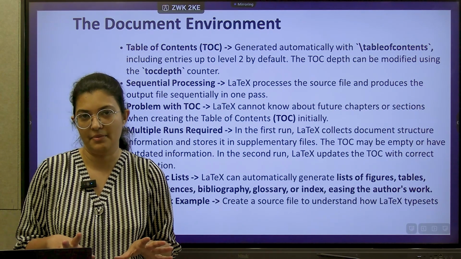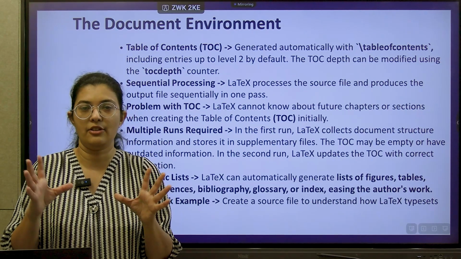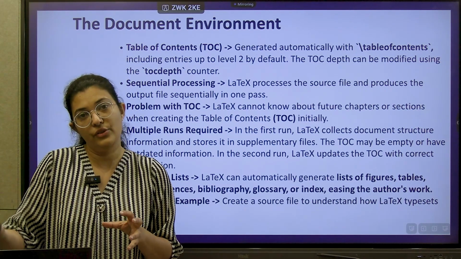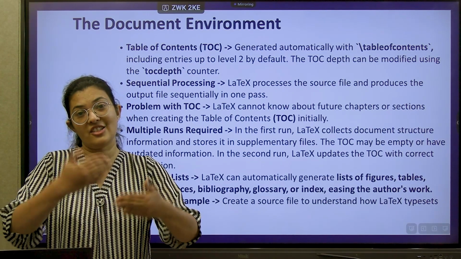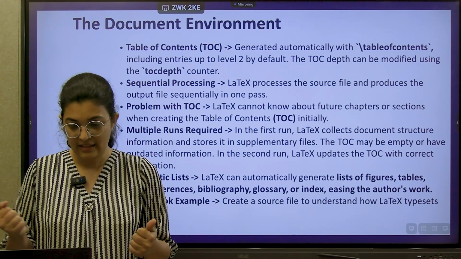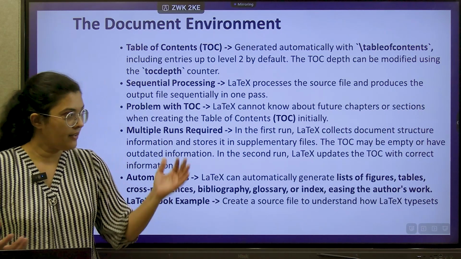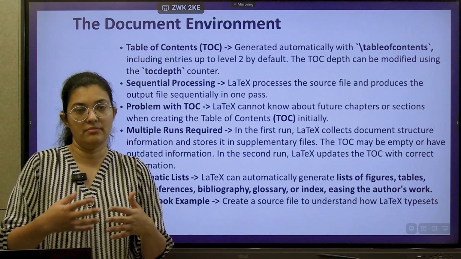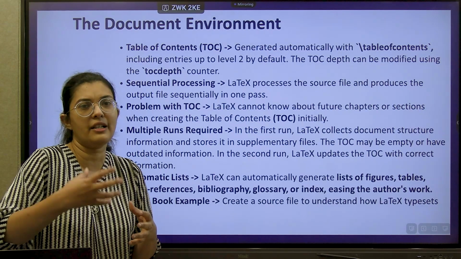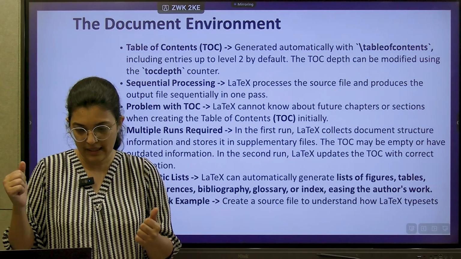Initially you have 5 chapters, so it creates all the formatting according to 5 chapters. If in future you want to add a new chapter, you have to restructure the whole document manually. Also multiple runs are required, that means every time we edit anything we have to recompile the same document again and again.